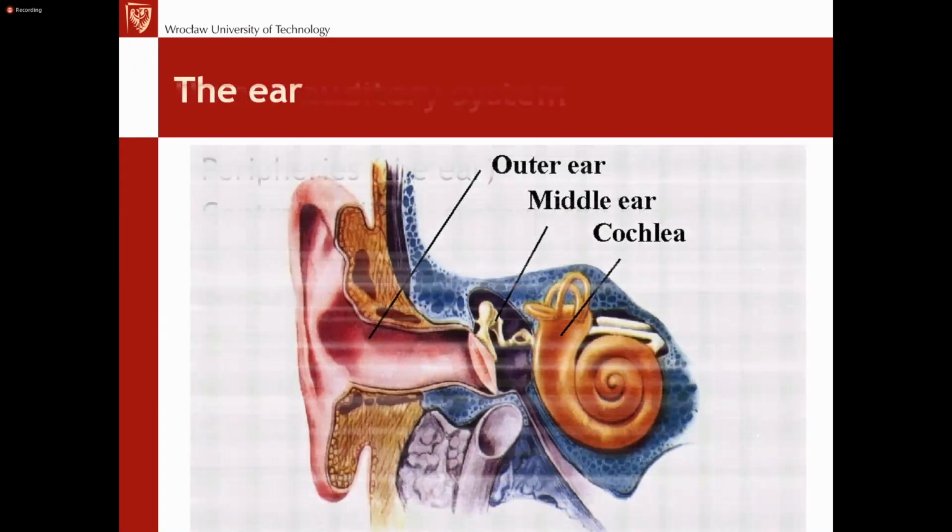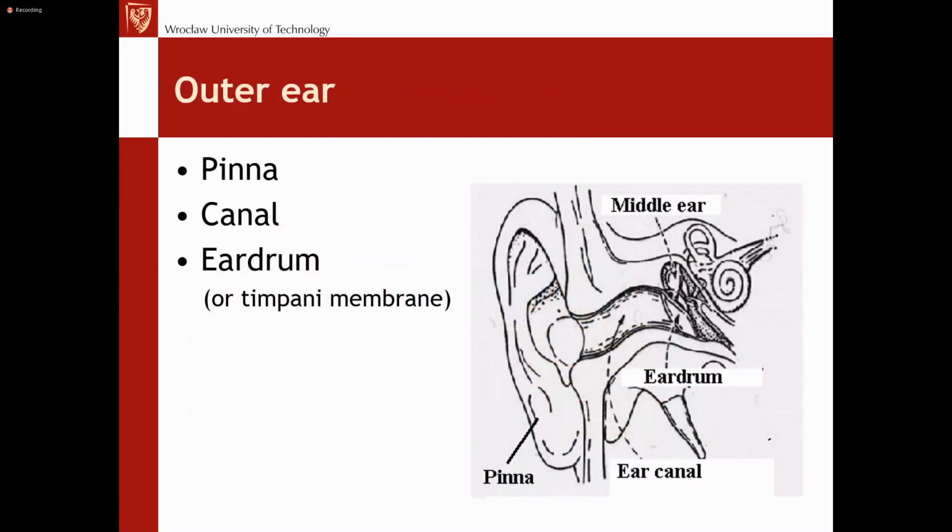So the ear contains three main parts. First of all, this is the outer ear, presented here in this pink color. The middle ear, here in this area, and the cochlea, this kind of snail, in orange. And the outer ear consists of three basic elements.